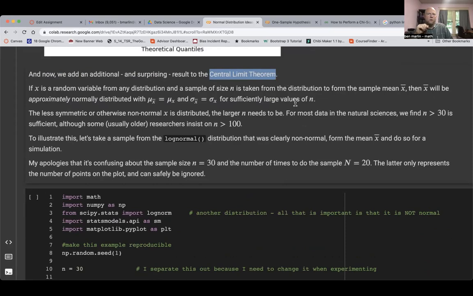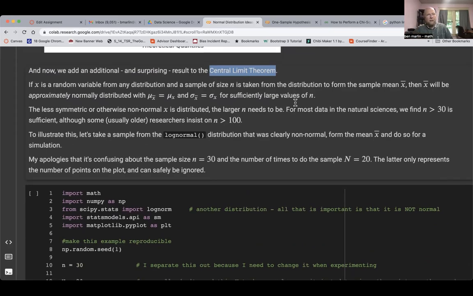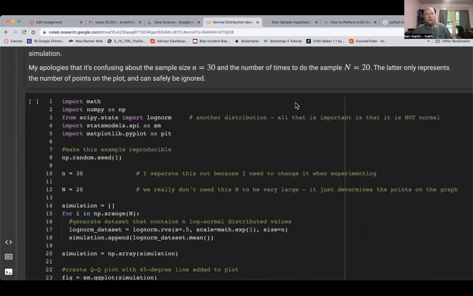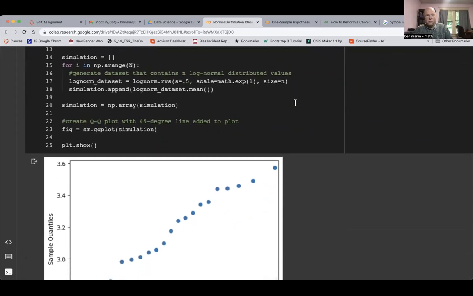If you start with something that's not from a normal distribution, if you take a large enough sample, the means that you get will turn into something normal.